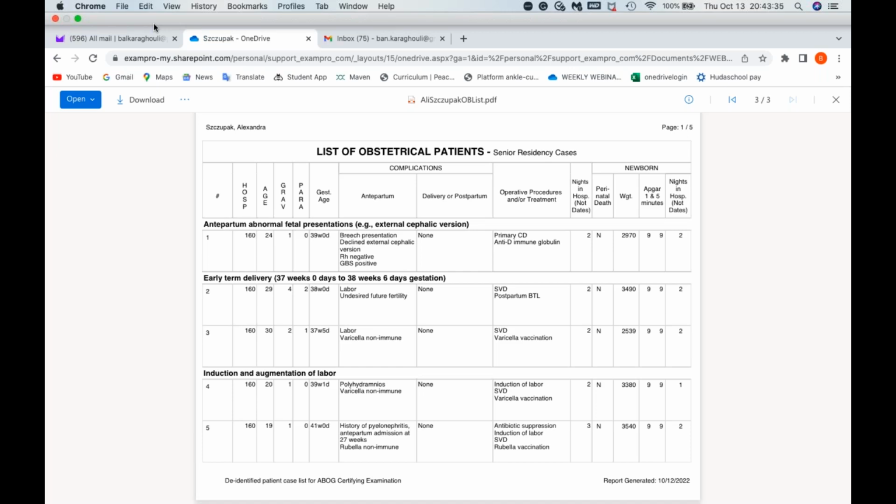Did you say you're going to do an internal podalic version of the second twin? Yes. What is an internal podalic version?